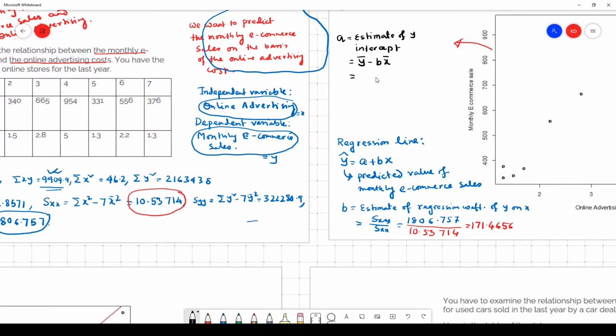So if you put in these values, we already computed x bar and y bar.